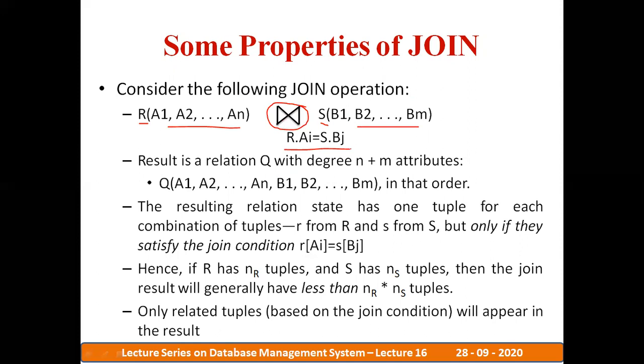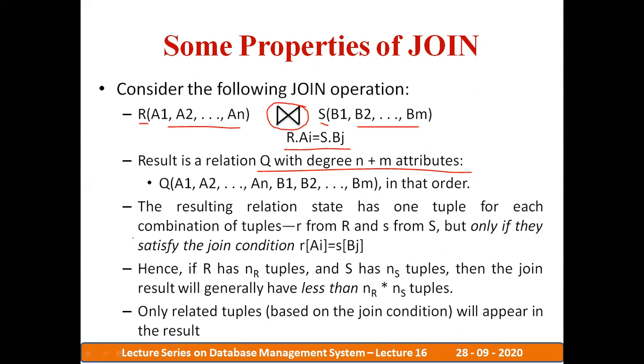That means Ai is an attribute of relation R and Bj is an attribute of relation S. The resultant relation Q has degree N plus M. How many attributes will be there in the resultant relation? As with the Cartesian product, this will also have N plus M, where N is the number of columns in relation R and M is the number of columns in relation S.